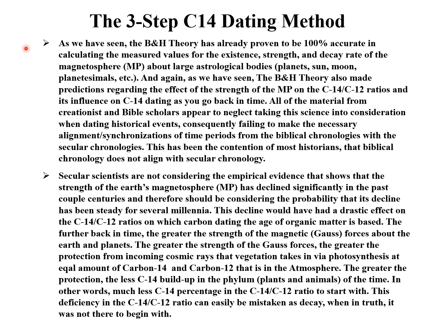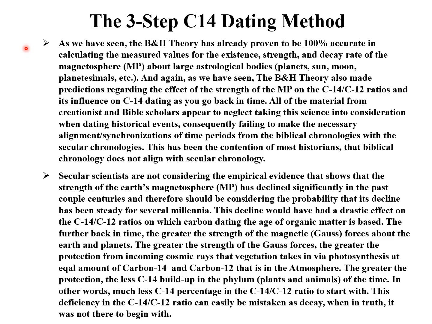The further back in time, the greater the strength of the magnetic Gauss forces about the Earth and planets. The greater the strength of the Gauss forces, the greater the protection from incoming cosmic rays, and that is what vegetation takes in via photosynthesis, at equal amounts of carbon-14 and carbon-12 that is in the atmosphere. The greater the protection, the less C14 buildup in the phylum of the time.